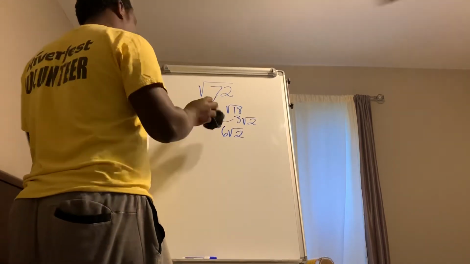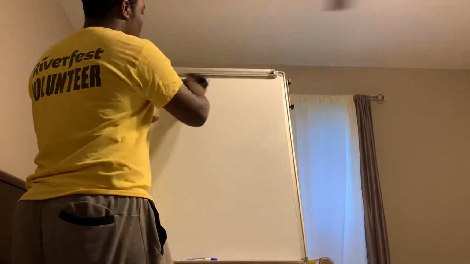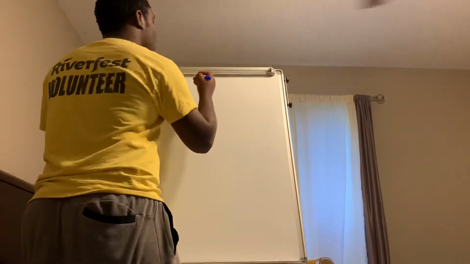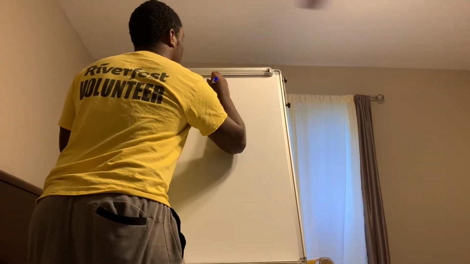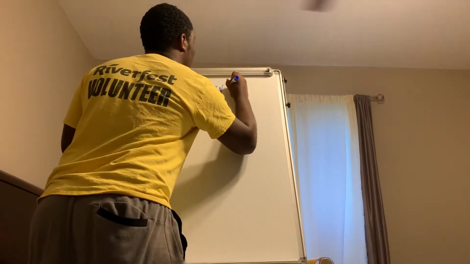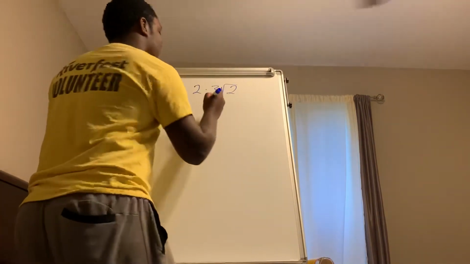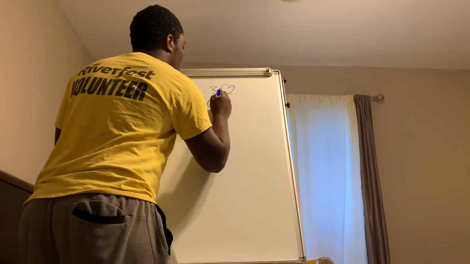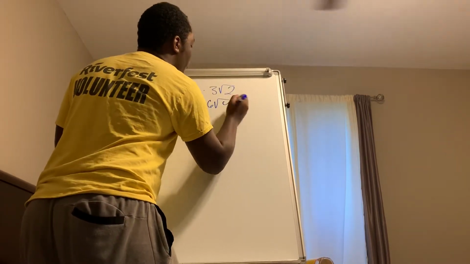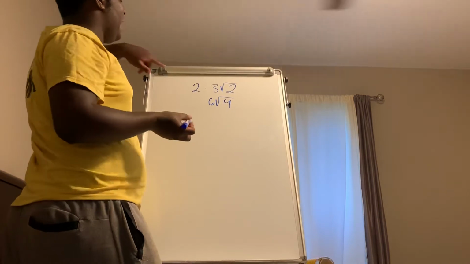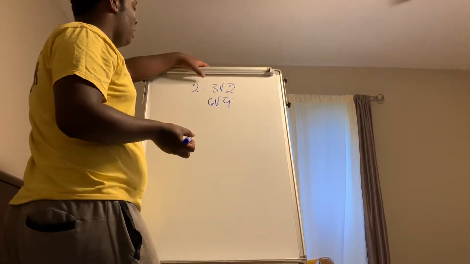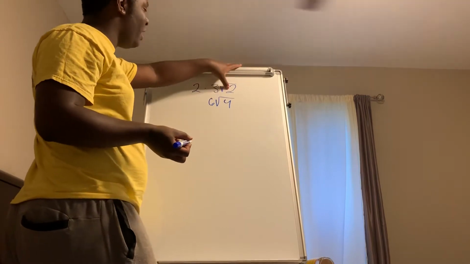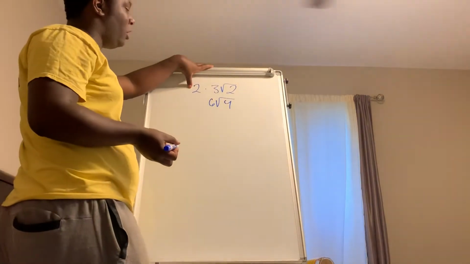Now I want to make something pretty clear before I go any further. 2 times 3 radical 2 is not 6 radical 4. If it's outside of a radical, a number outside the radical won't go inside it.